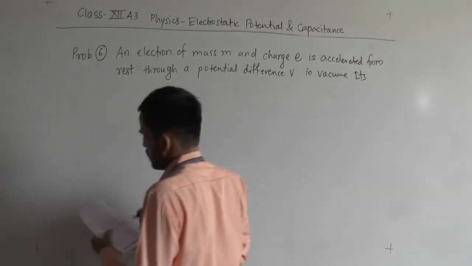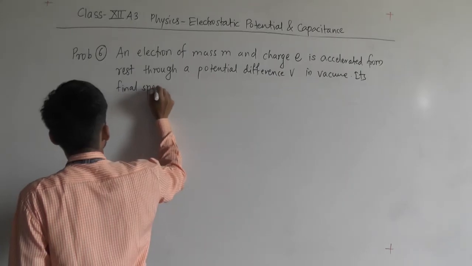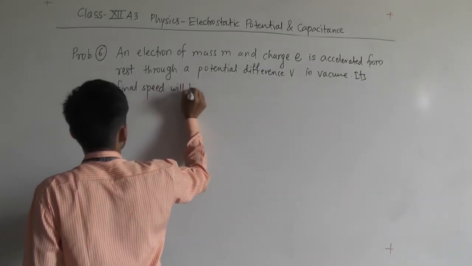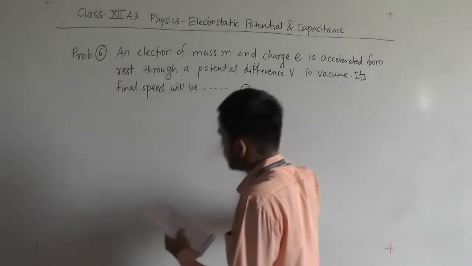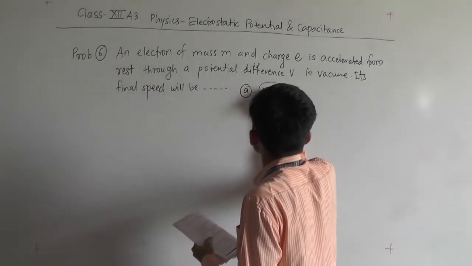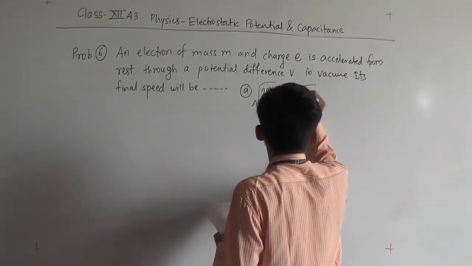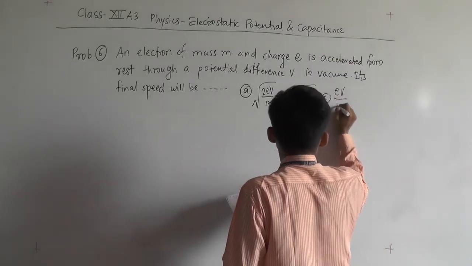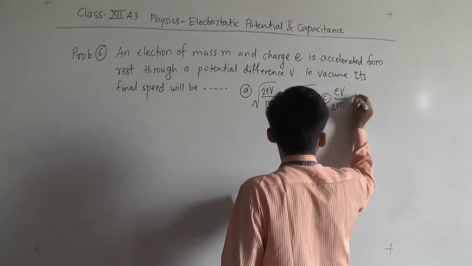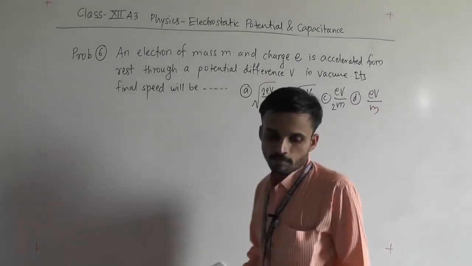Its final speed will be: A, root 2eV upon m; B, root eV upon m; C, eV upon 2m; and D, eV upon m.